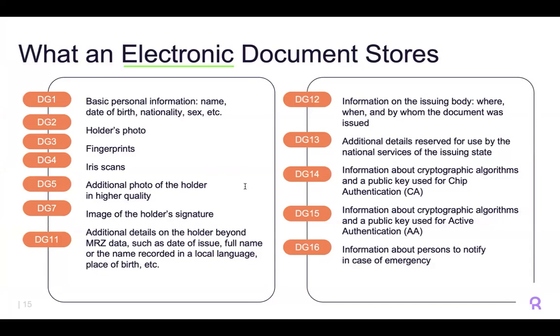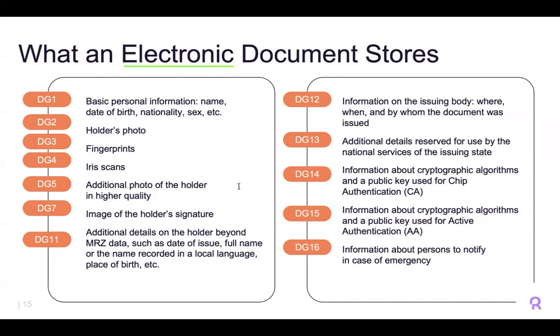Typically, there are informational and service data packages. For instance, a biometric passport chip includes the data groups you can see on the slide. DG1, for example, contains basic personal information such as name, date of birth, nationality, and other personal information, the same data that is encoded in the document's MRZ.